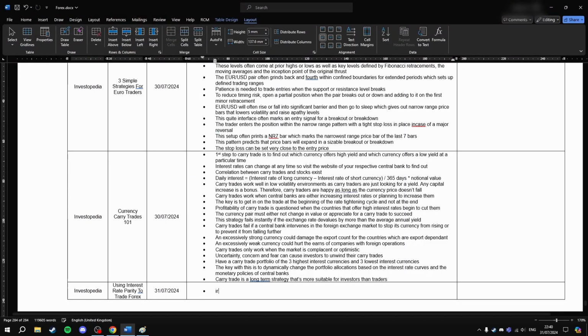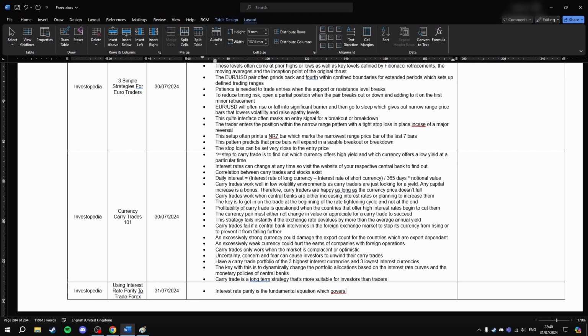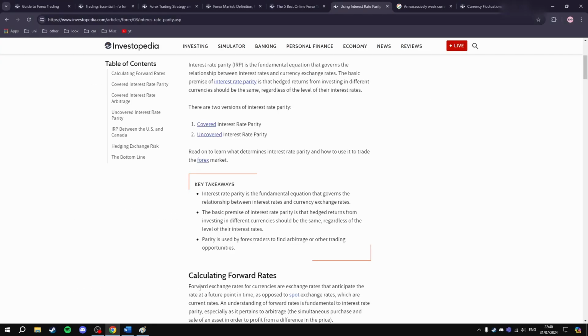The basic premise of interest rate parity is that hedged returns from investing in different currencies should be the same regardless of the level of their interest rates.